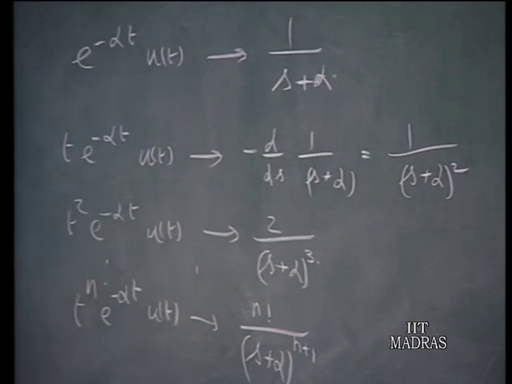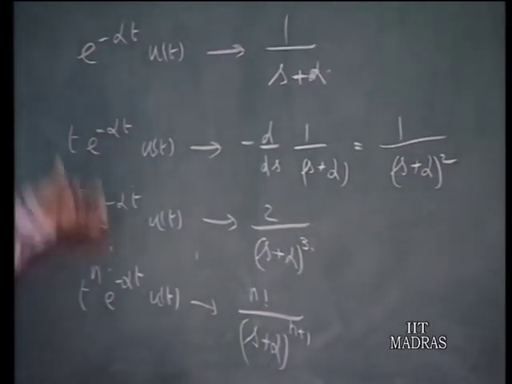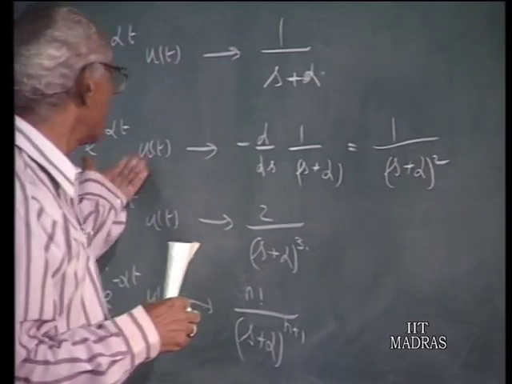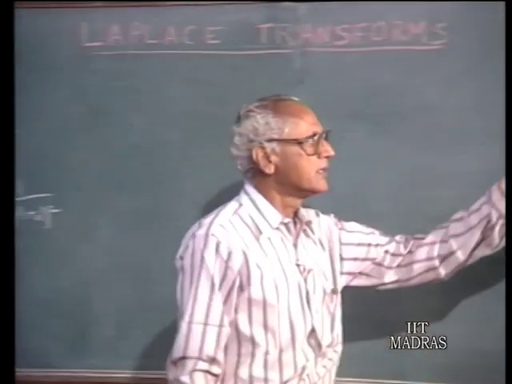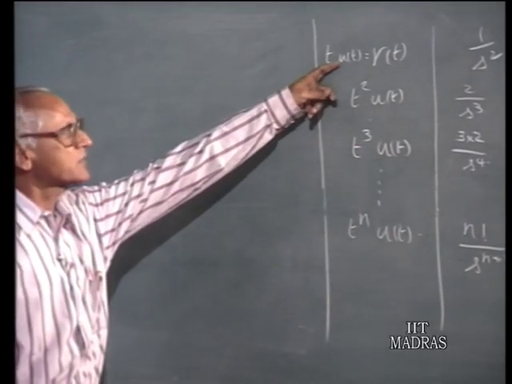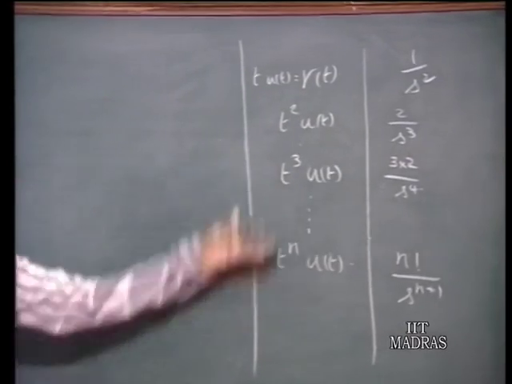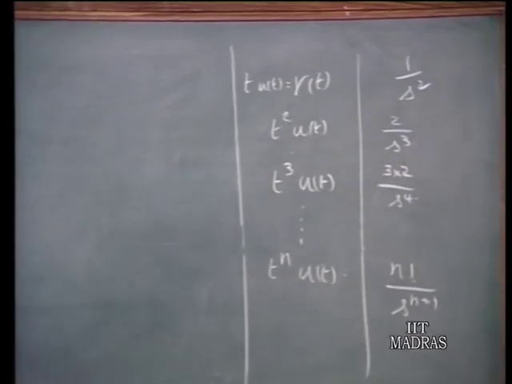So in other words, we need not remember the Laplace transforms for t multiplied functions like this, either e to the power of minus alpha t or in terms of u(t). It is enough if you know the basic formula for u(t), then whenever it is multiplied by t, t squared, t cubed, etc., you can easily derive them without any difficulty.